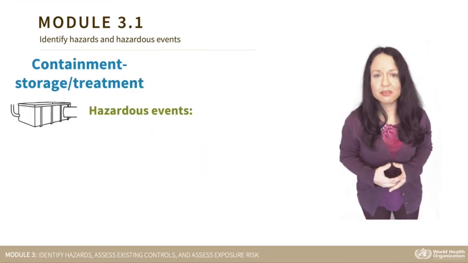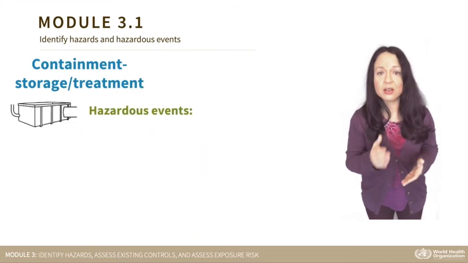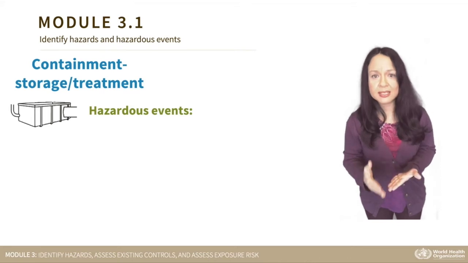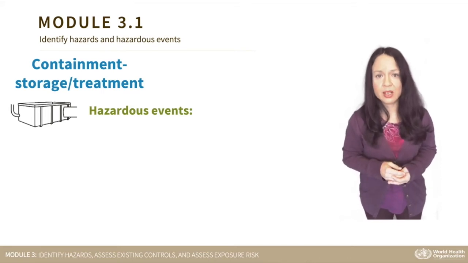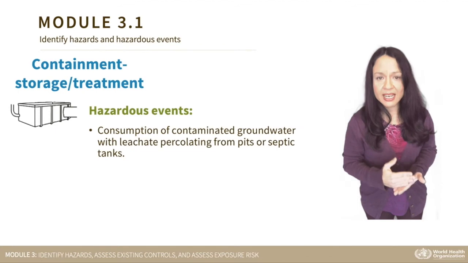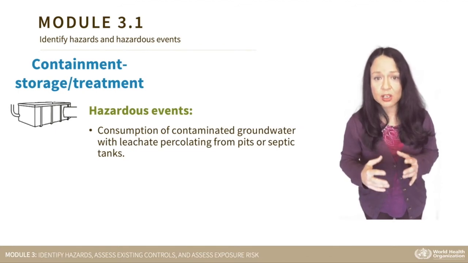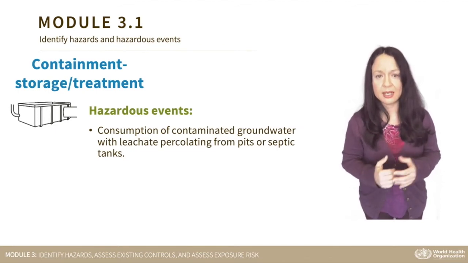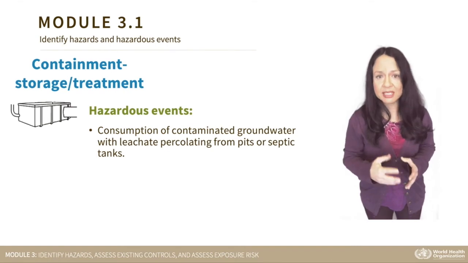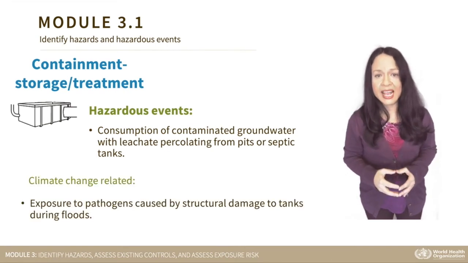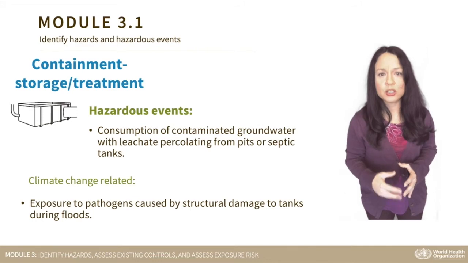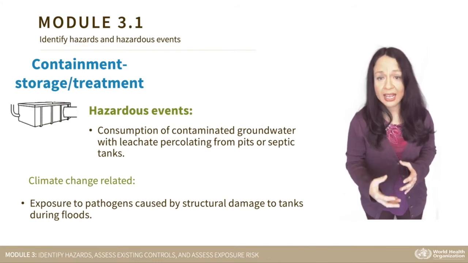An example of hazardous events at the containment, storage, and treatment step include consumption of contaminated groundwater with leachate percolating from pits or septic tanks. A climate-related hazardous event could be exposure to pathogens caused by structural damage to tanks during floods.